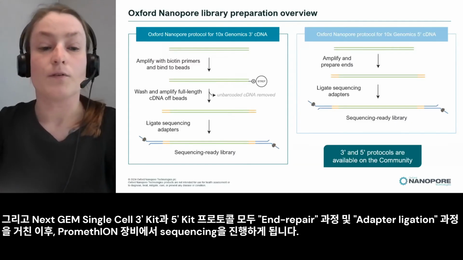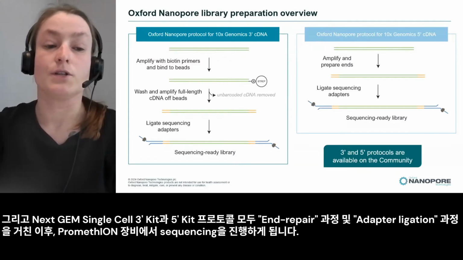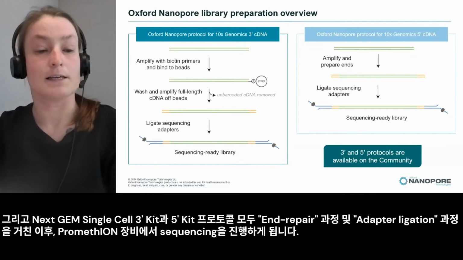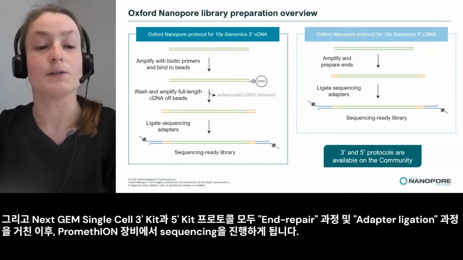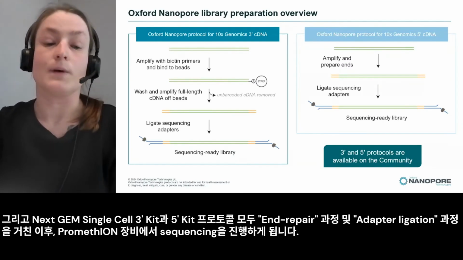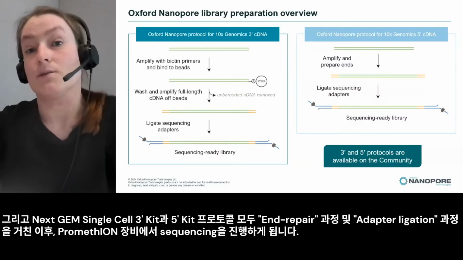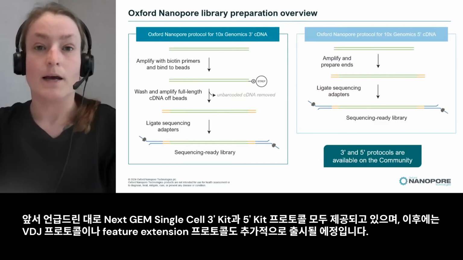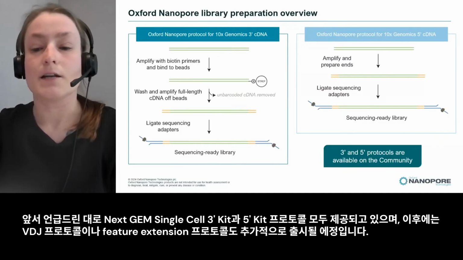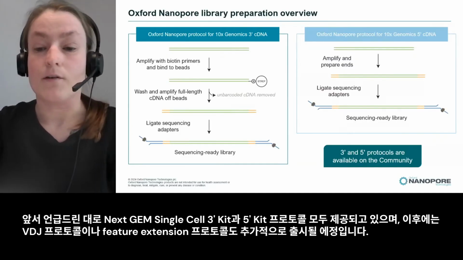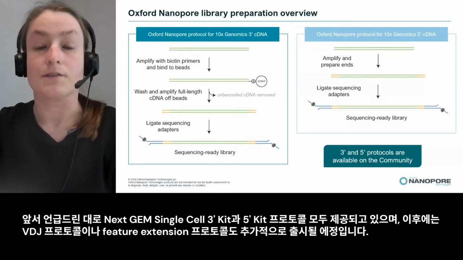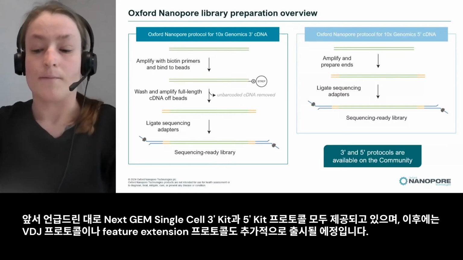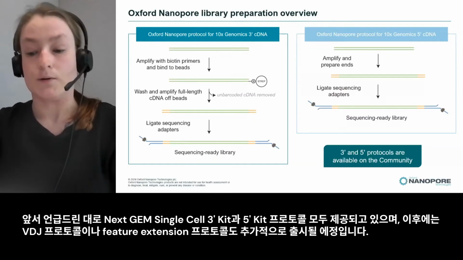Then in both preparations, you'll go through to end prep, ligate the adapters for sequencing, and then you'll be able to sequence them on a PromethION. As I said before, these are both available, and in the future we will potentially release a VDJ protocol and a feature extension protocol to go along with these two protocols.